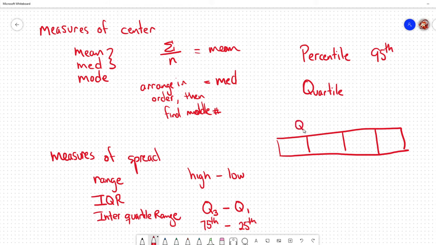When you do Q3 minus Q1, what you're getting is the middle 50%. That middle 50% is usually where we see the mass of data, so it's probably a better indicator of spread than looking across the entire population.